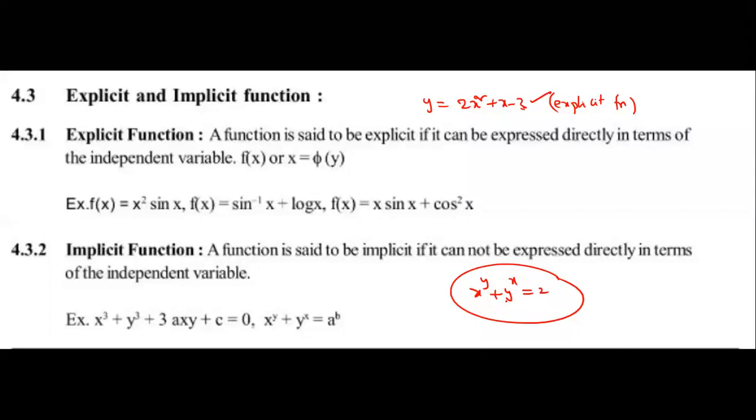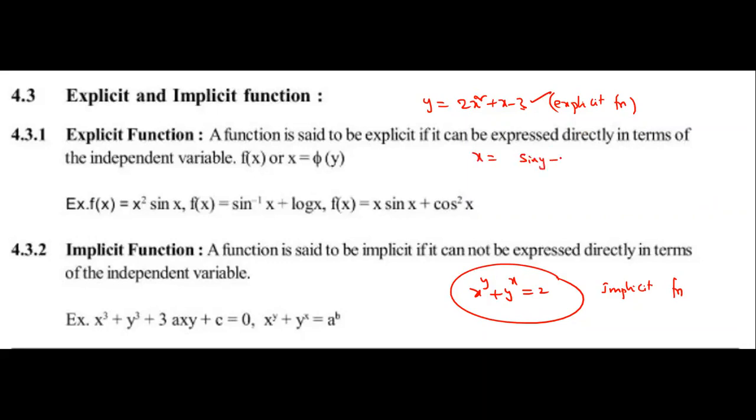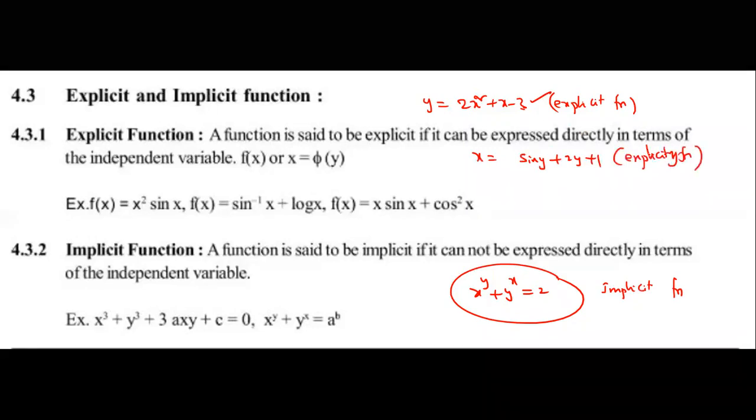We cannot express x in terms of y, we cannot express y in terms of x. That is called implicit function. One more example, say x is equal to sin y plus 2y plus 1. This is also an explicit function. That much importance is not there. Leave it.